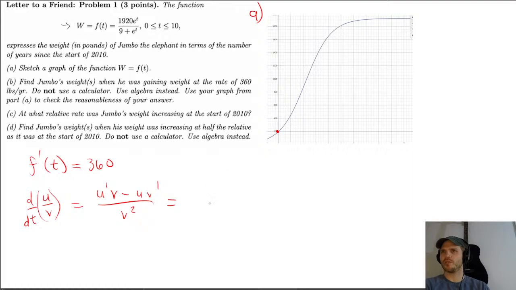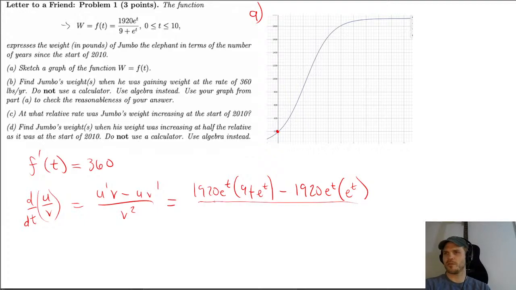And so the derivative of the top is 1920 e to the t. The bottom is 9 plus e to the t, minus the top, which happens to be the same, times the derivative of the bottom, which is e to the t, and then divided by the bottom squared, so e to the t plus 9 squared. And let's see if we can simplify this.